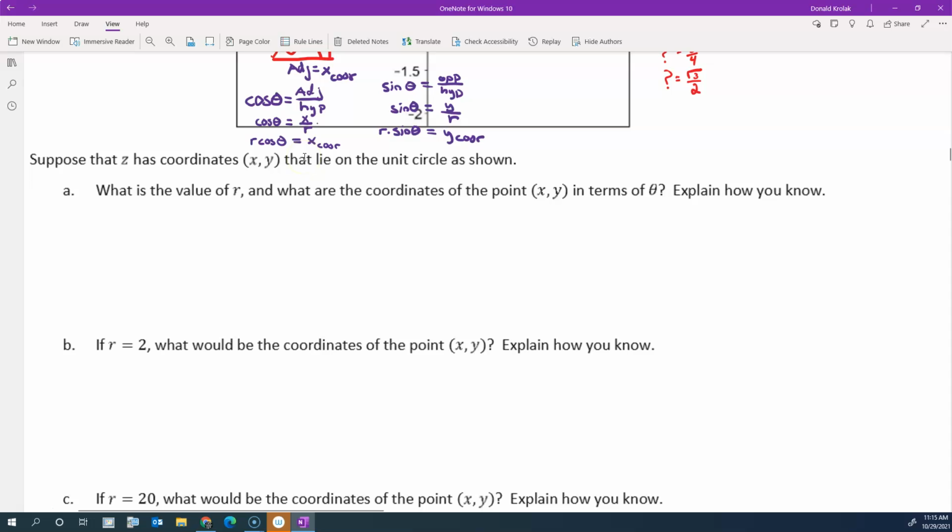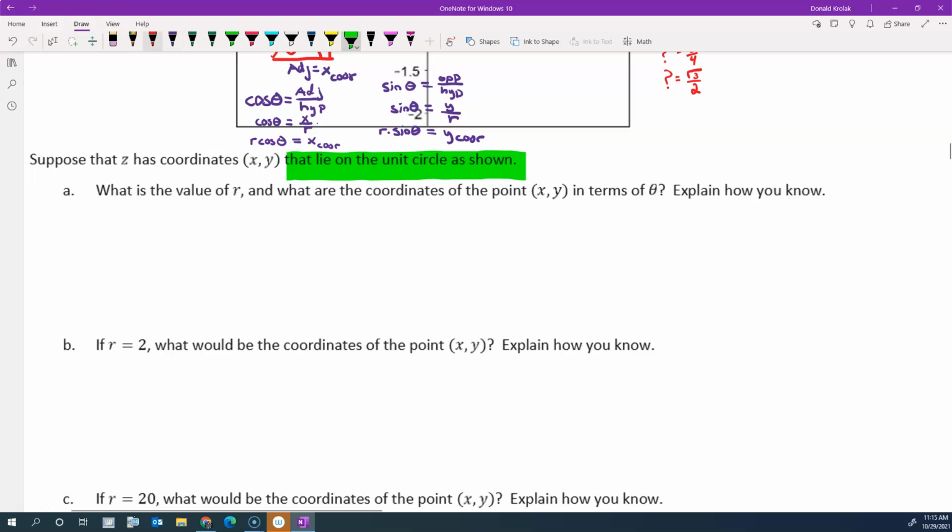All right, so this one says, what's the value of r and what are the coordinates of the points x and y in terms of theta? Okay, so in our problem up here, when it lies on a unit circle, a unit circle has a radius of 1. So this is the radius, this is 1, because it's a unit circle.